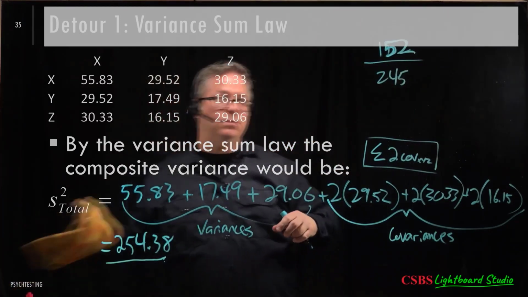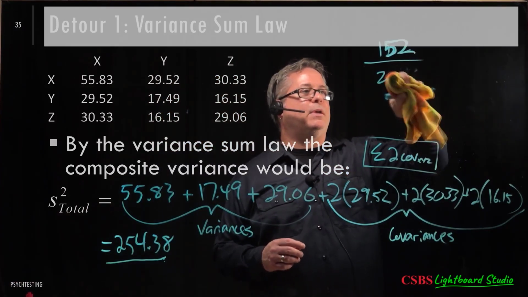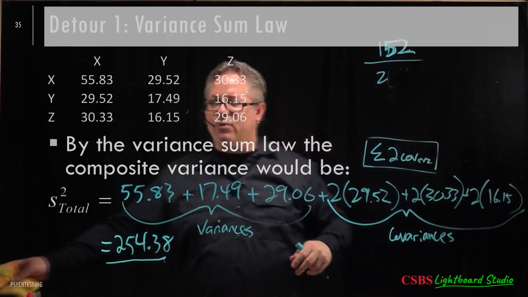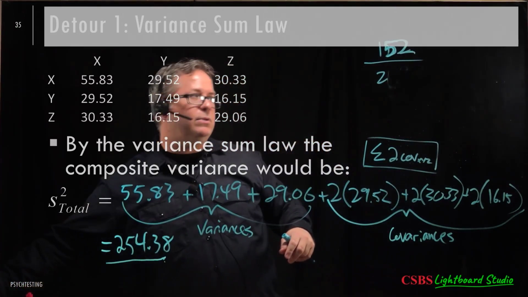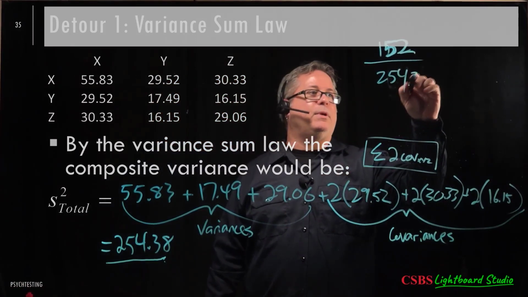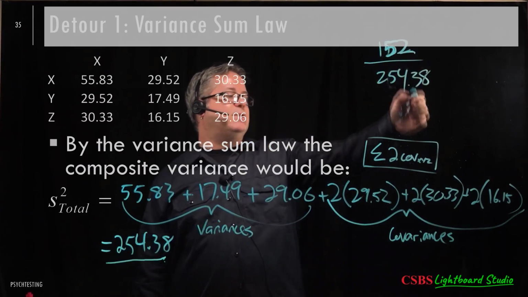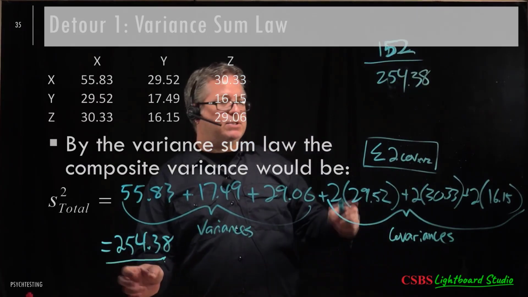That was weird. I'm not dyslexic, but every once in a while, I literally said 254 and my hand wrote 245. That's just weird. 254.38. I can actually get a ratio. So what percentage of the total variance is covariance?